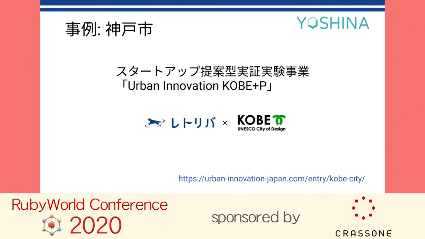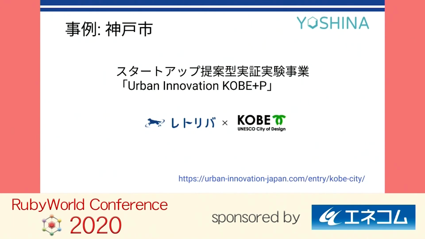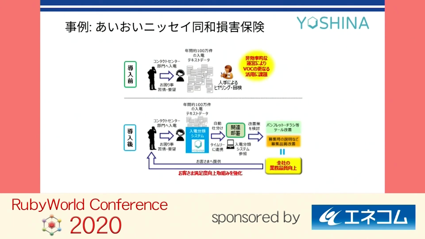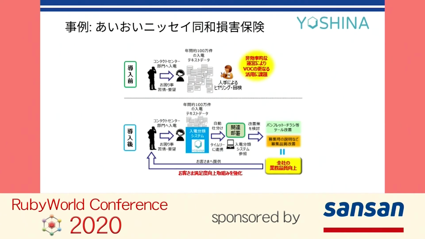Another example, Kobe City. Urban Innovation Kobe plus P was a field project of Kobe. We also participated in this project. So far, I introduced the examples of the public agencies, but we also have cases of private companies as well.